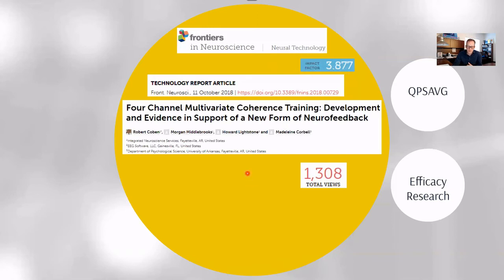And this is freely available for you to download from this source or from our website. This says that this article has been read by more than 1,300 people worldwide in the 2 months it's been published. And you actually get to see those numbers grow over time. It's pretty cool where you get to see that from their website.